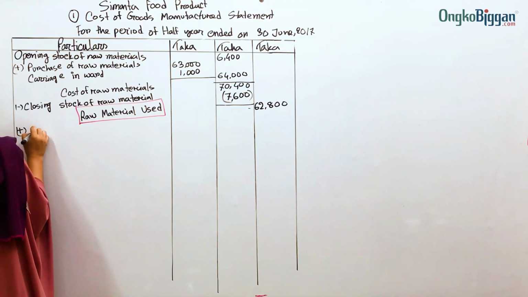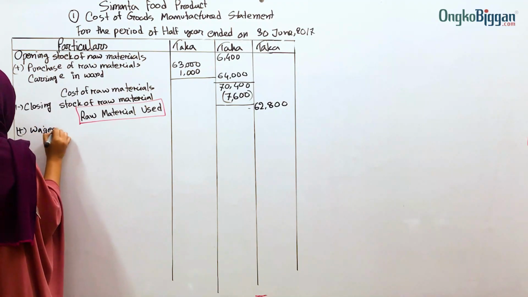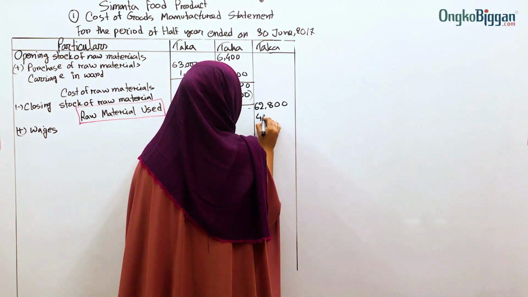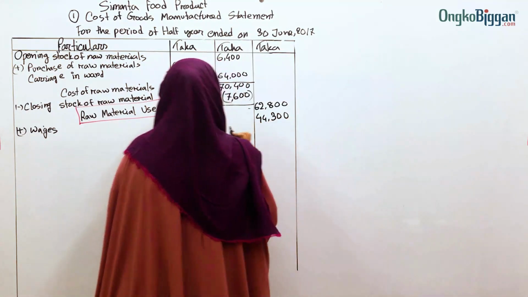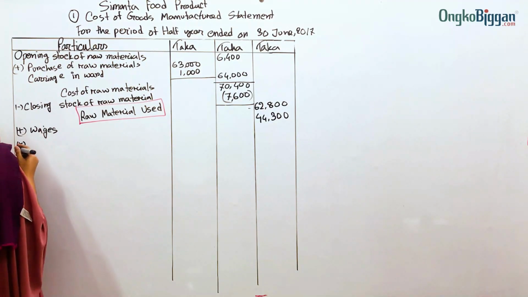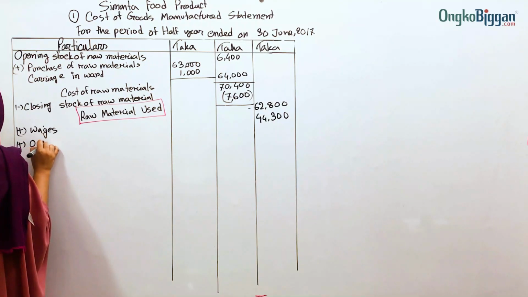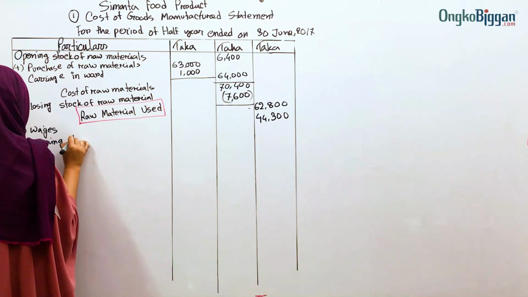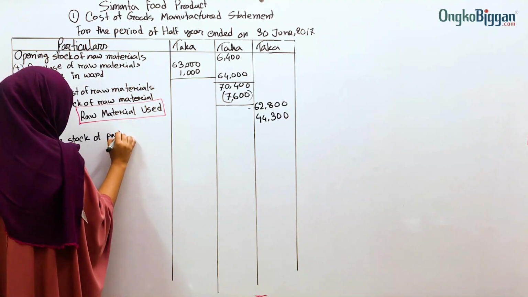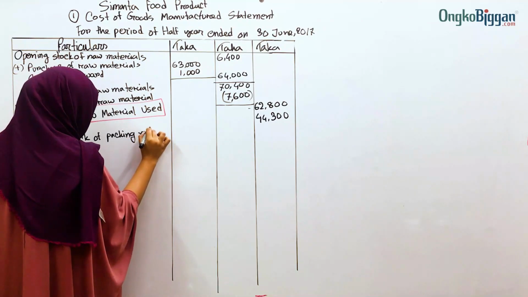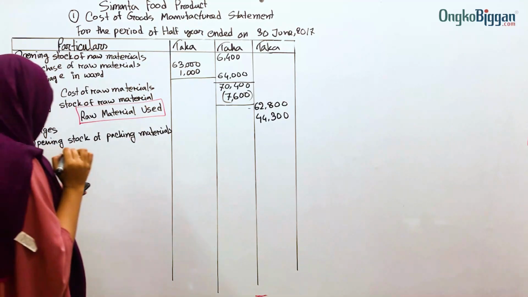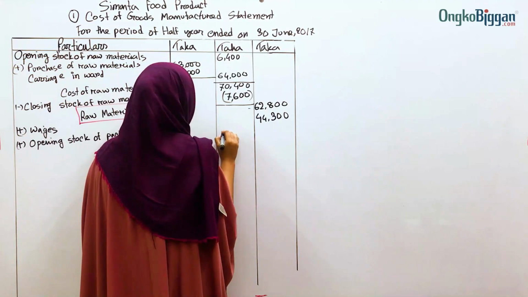For the prime cost, we have to add all the wages and direct expenses. Okay, wages we have 44,300. Next, I have to add all the direct expenses. We have opening stock of packing materials, cost 1,000.